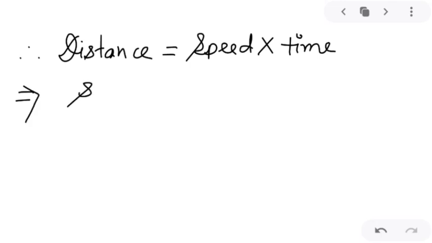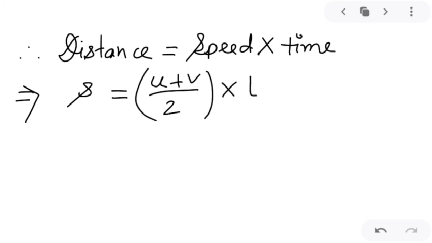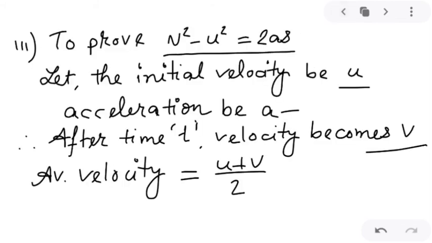Distance is s, and the speed is the average speed, (u plus v) by 2, into time. So we get this equation. Now in the formula we need v, u, a and s, but we don't need t. t is not required.